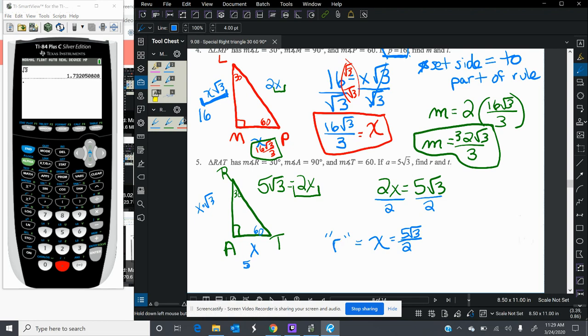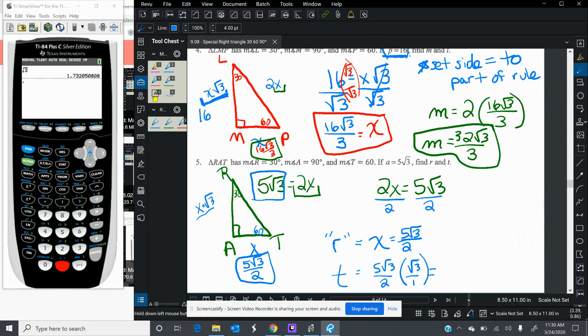So here we have 5 radical 3 over 2 is the x measurement based on what they gave us for the hypotenuse. Now to find the third side, we have that measurement times the square root of 3. So to find c, we're going to take 5 radical 3 over 2 and multiply that by radical 3 over 1.